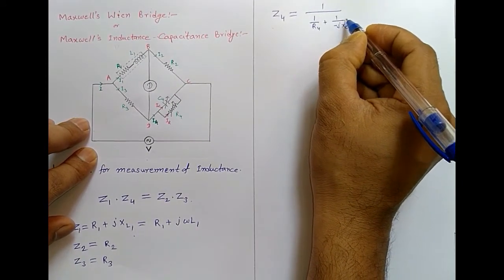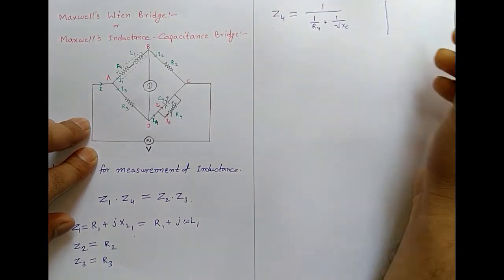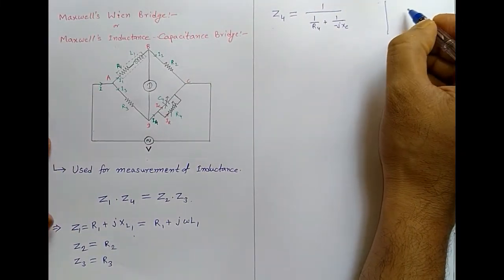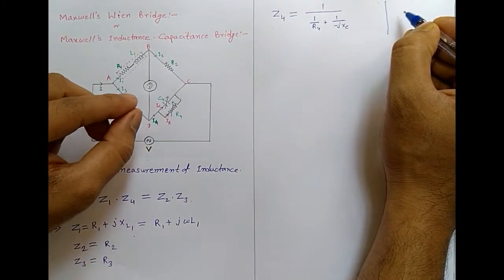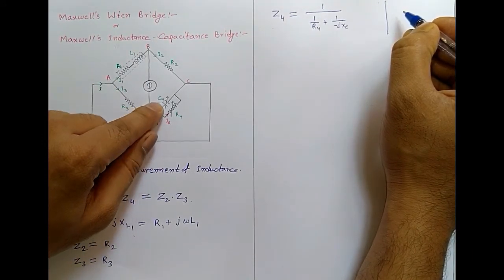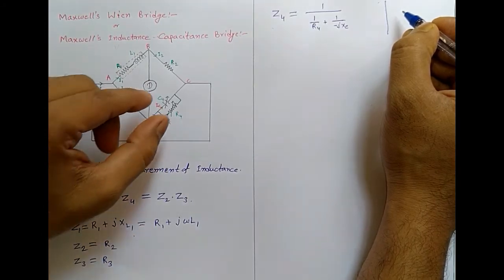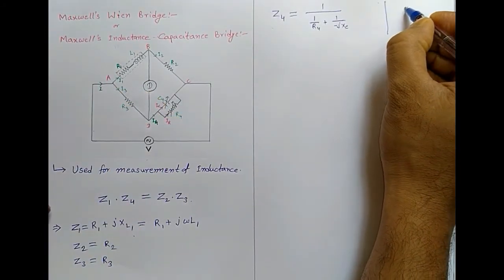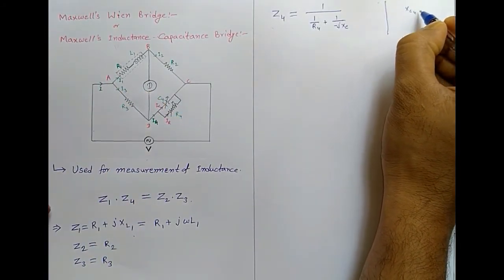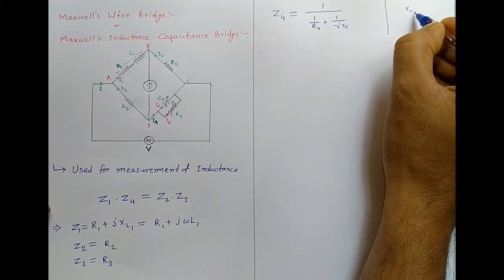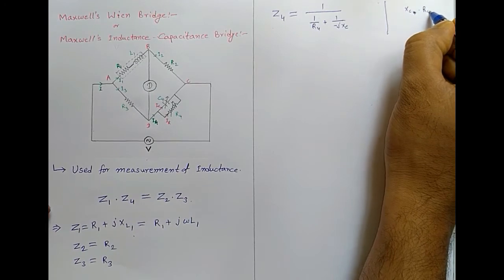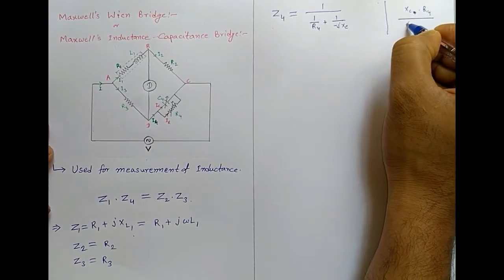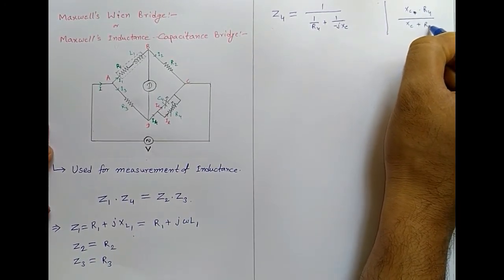Or you can simply understand that for a parallel circuit, the net impedance is the product of the impedances of the arms divided by the summation of them. That means XC into R4 divided by XC plus R4.